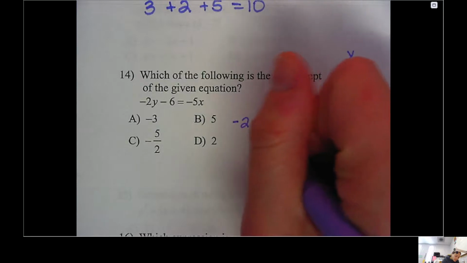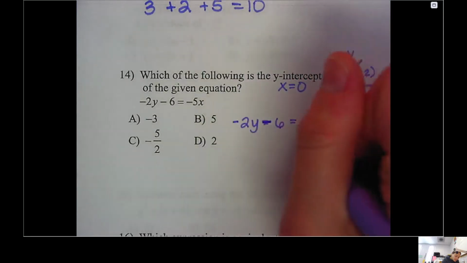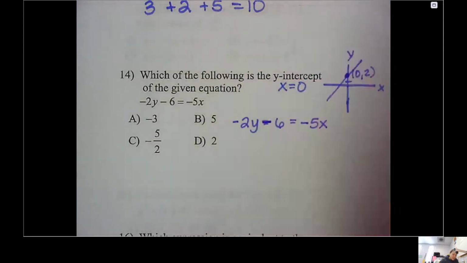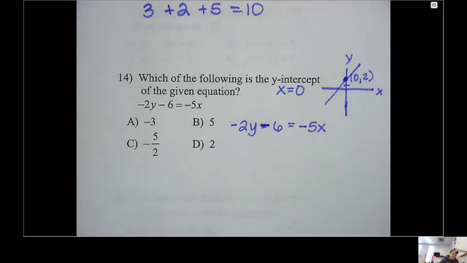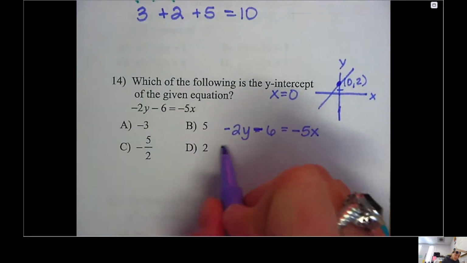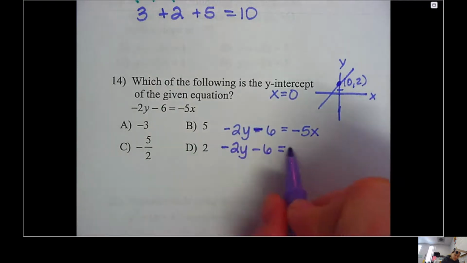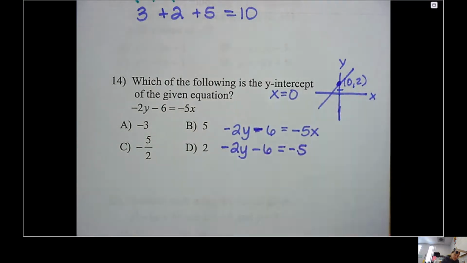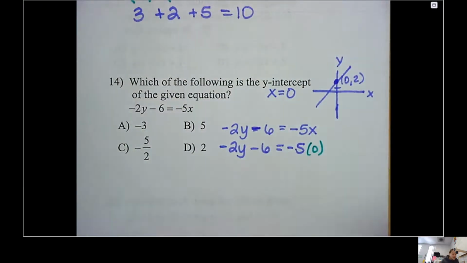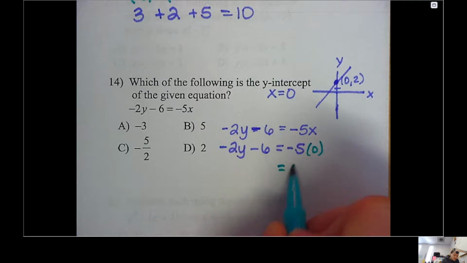Oops, -6. Okay, so wherever I see an x, I'm plugging in a 0. So I only see it in one spot. -5 times 0. Well, 5 times 0 is 0.